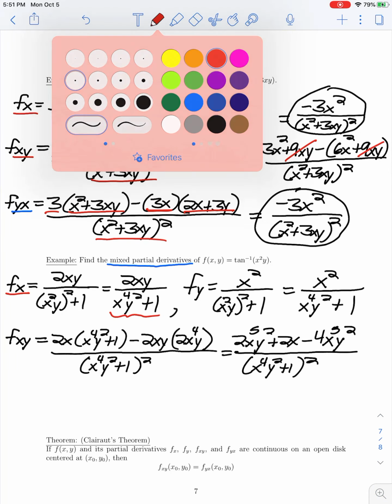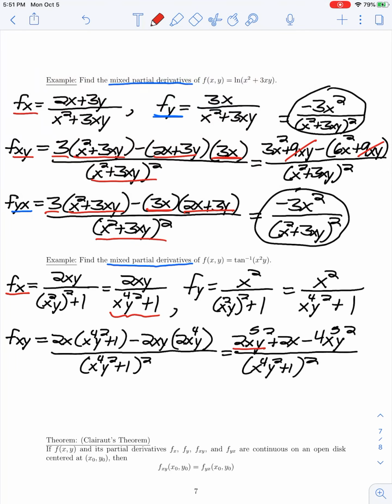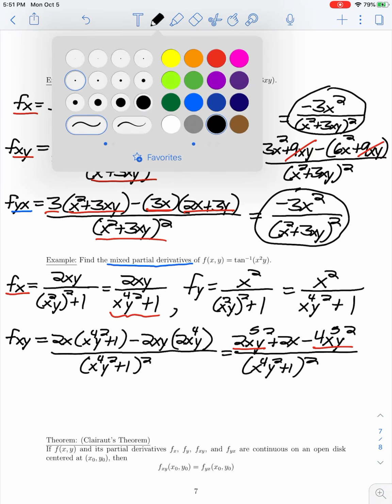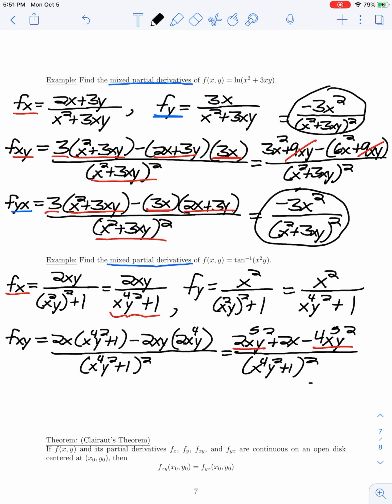So grouping some like terms, our 2x to the fifth y squared minus 4x to the fifth y squared leaves us with a negative 2x to the fifth y squared plus 2x over this x to the fourth y squared plus 1 quantity squared.